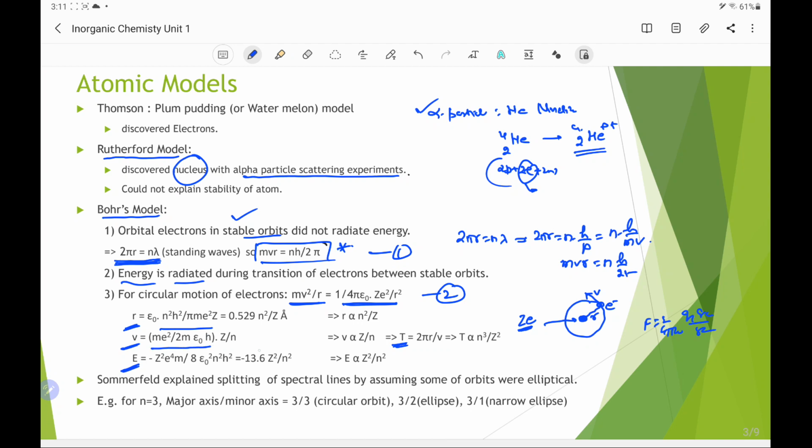And for the relation between the orbit number and the atomic number, we get r proportional to n square by Z, v proportional to Z by n, energy proportional to Z square by n square, and the time period, which is the circumference divided by velocity, T proportional to n cube by Z square. So we have to remember these relations. Sommerfeld explained the splitting of spectral lines by assuming that some orbits are elliptical.